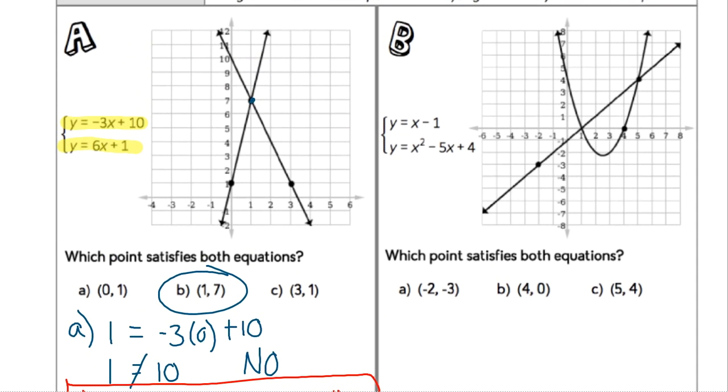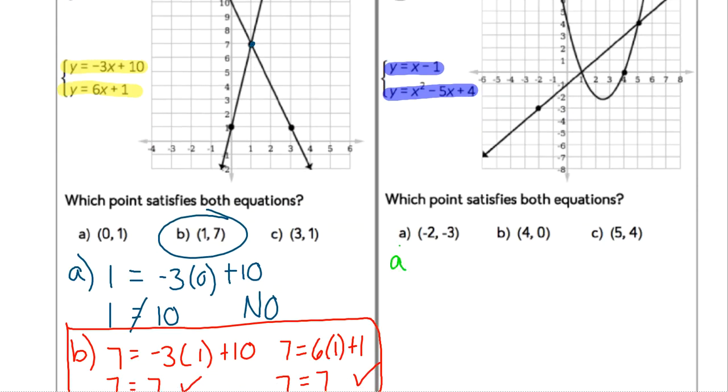Let's look at our second example here. For this example, we have the equations y equals x minus 1 and y equals x squared minus 5x plus 4. We can see that parabola for the x squared or quadratic equation, and we can see the line for the linear equation. Using what we just did, we are going to check all these again. So looking at point A here, if I plug in negative 3, plugging it into this first equation, I have y equals x value minus 1.